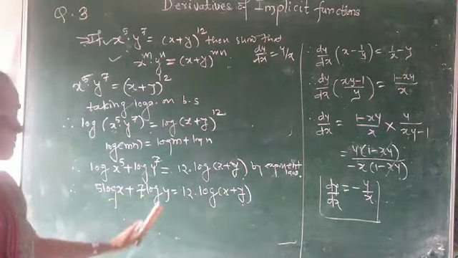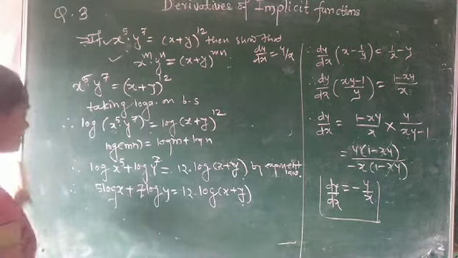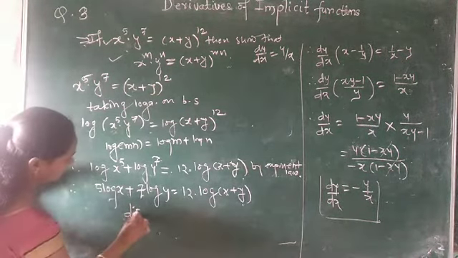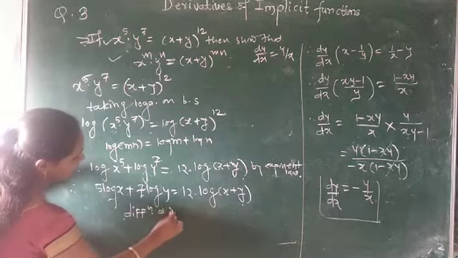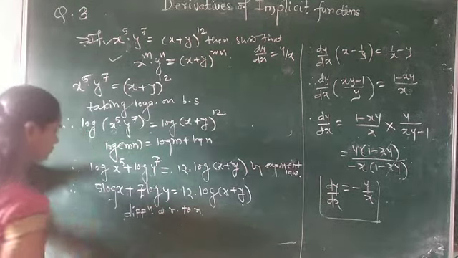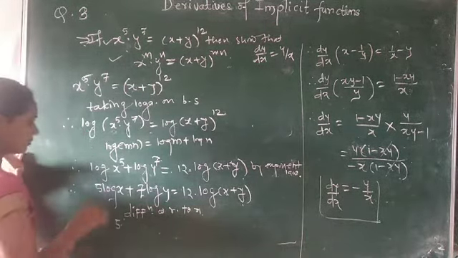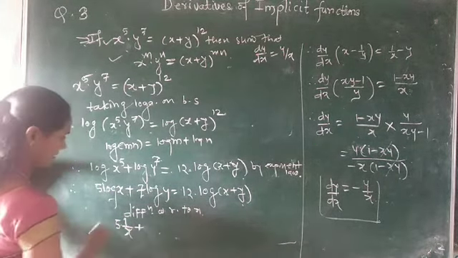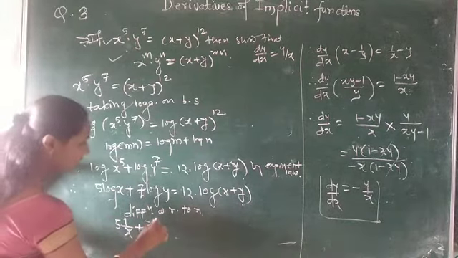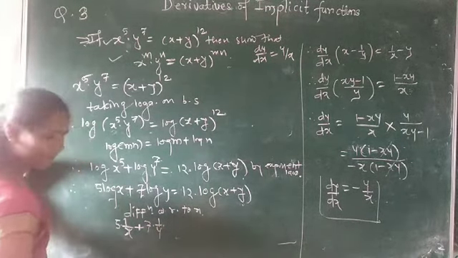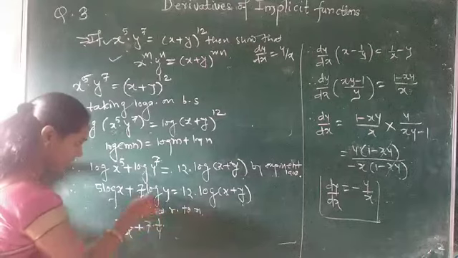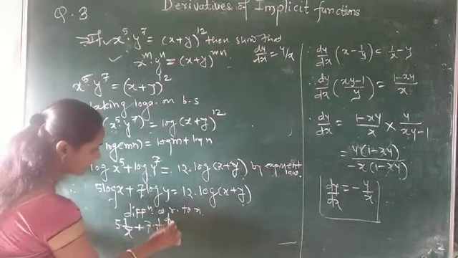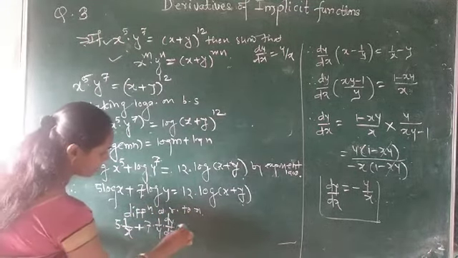Now this is in the simplified form, so we differentiate with respect to x. This 5 is constant. Now what is the derivative of log x? 1 upon x. Plus this 7 is constant. What is the derivative of log y? 1 upon y, but we differentiate with respect to x, so we multiply by the derivative of y, which is dy upon dx.